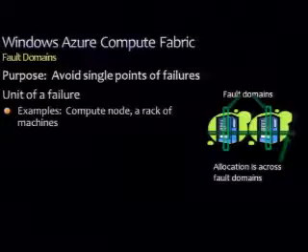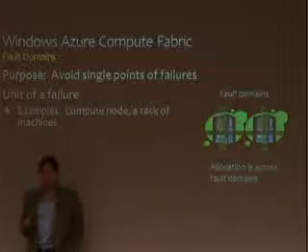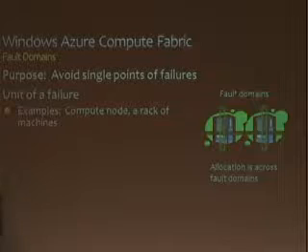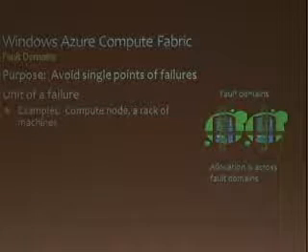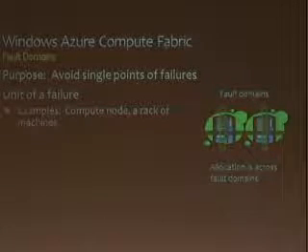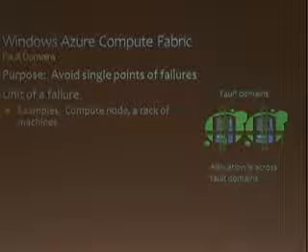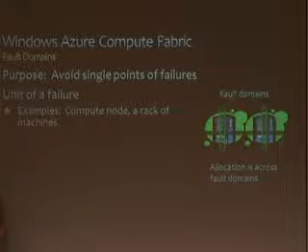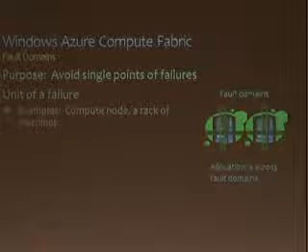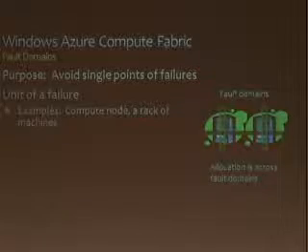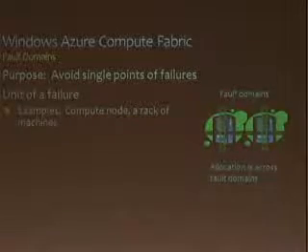You can say, look, I realize this data center is large. My service can't afford any failures. I want to put them on independent fault domains, which means I want you to push my instances of my worker roles and my web roles on orthogonal pieces of the hardware throughout the data center. Different power supplies, different network, different clusters, everything. And you can specify exactly how many fault domains you want.